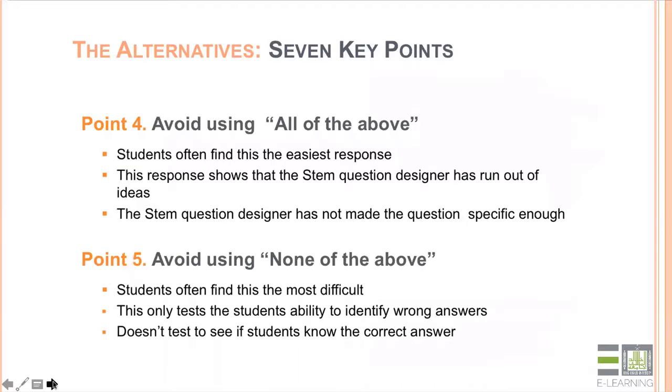And also, you only know if he or she knows that the distractors aren't correct. So by incorporating all of the above or none of the above, it doesn't really tell you if the students have understood the question, have met the learning objective.